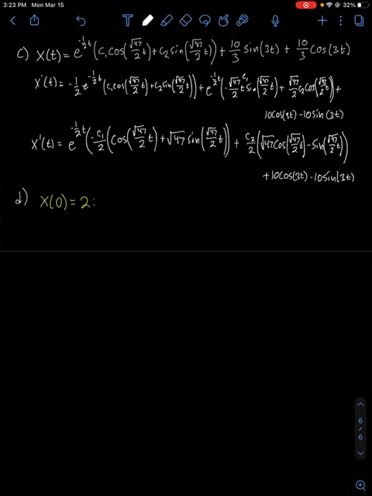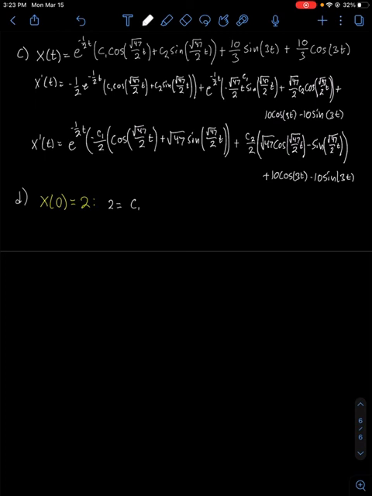We have x of 0 equals 2. So 2 equals, I'm working with this equation up here. So e to the negative 1/2 times 0 is 1. Cosine of 0 is 1. So we have C1 plus, sine of 0 is 0, so we don't have to worry about this term here.